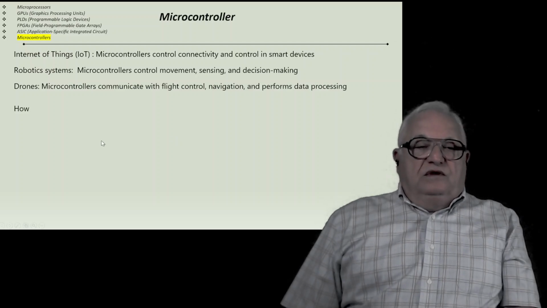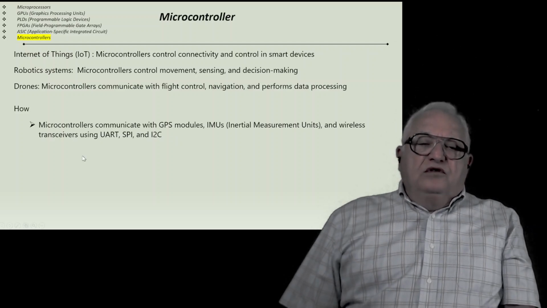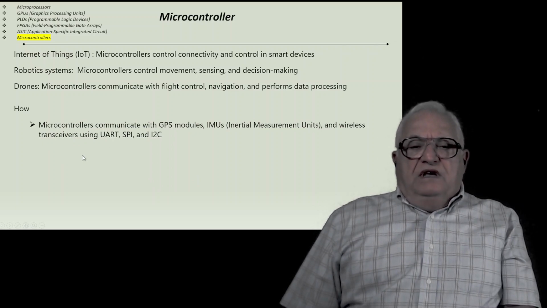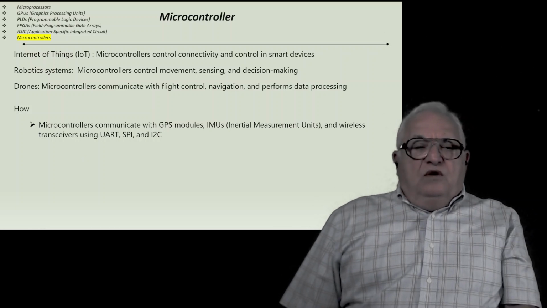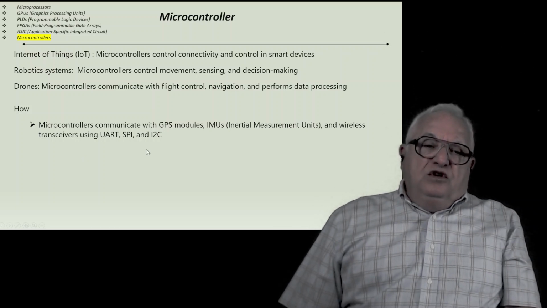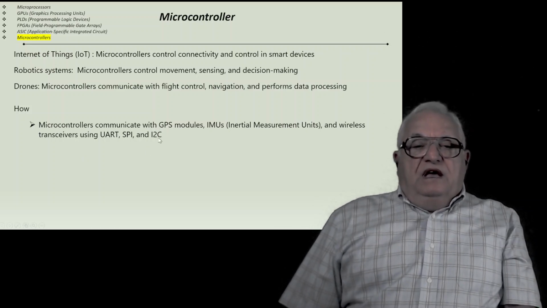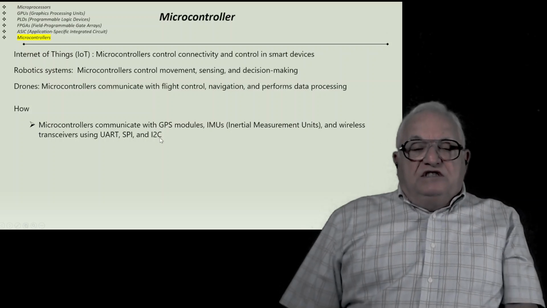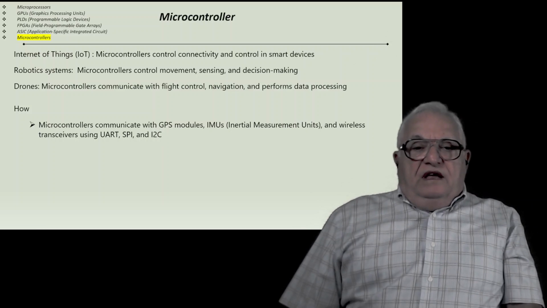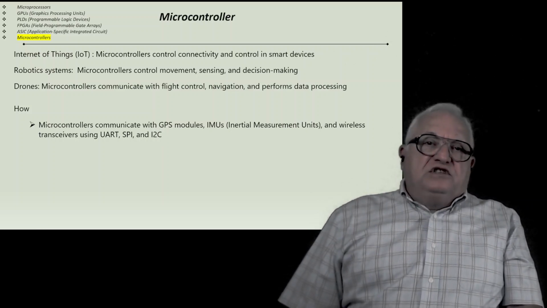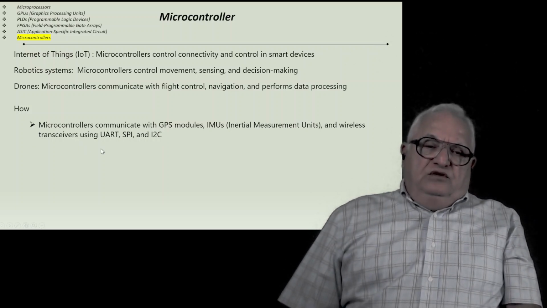Now, how does it do that? The microcontroller communicates, for example, with the GPS module, inertial measurement unit, and wireless transceivers using the UART, SPI, and I2C. These three are serial interfaces which are mainstream in the industry.